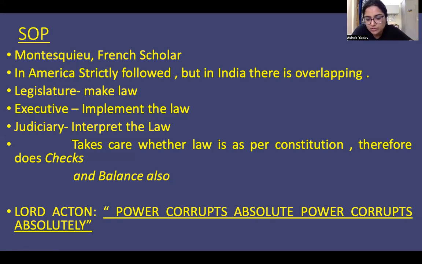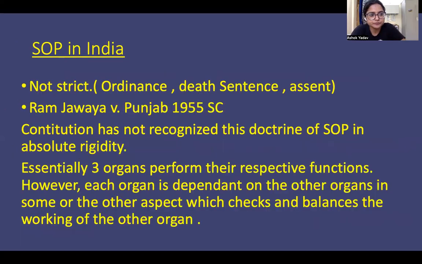So whenever we give full and absolute power to anyone, he is definitely going to misuse that power. For that purpose only, we need to have the system of checks and balances. And generally, it is done by the judiciary in our country.